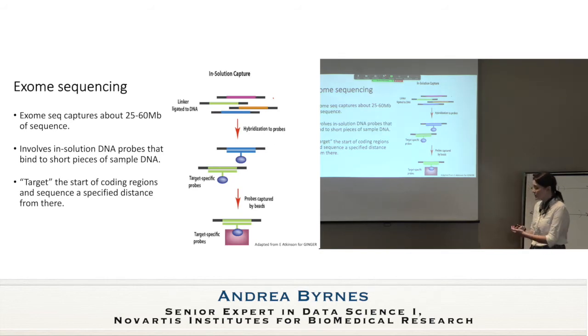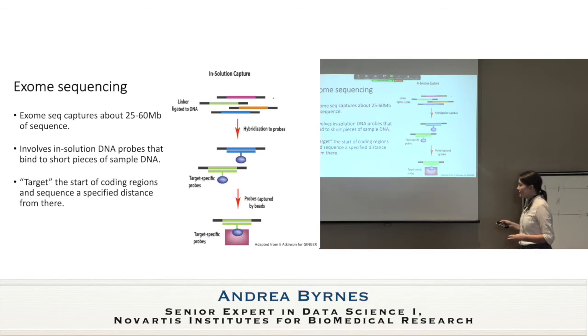So exome sequencing does require a little bit more work up front, in that you have to figure out which pieces of the genome you want to capture before you can go and capture them. This generally will capture between 25 and 60 megabases of sequence at a time.